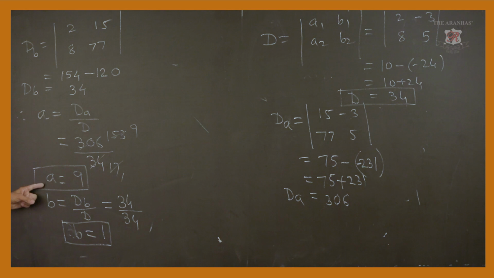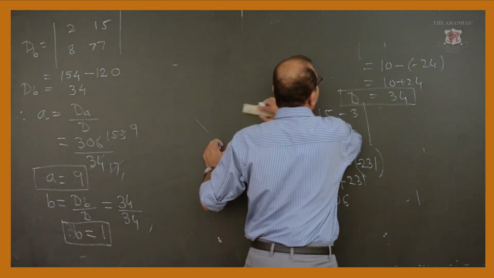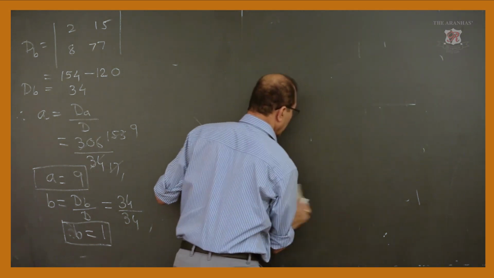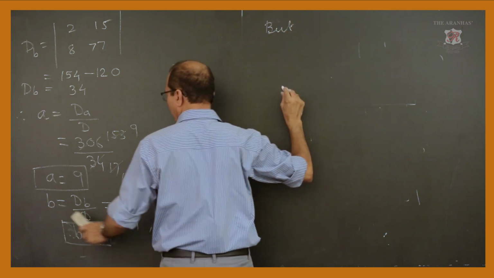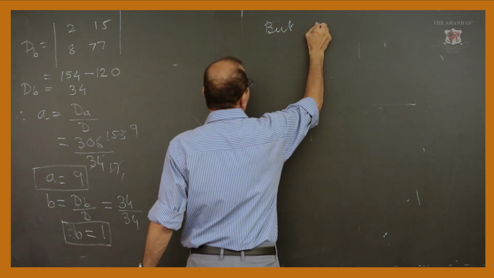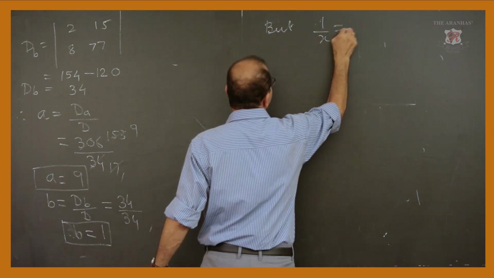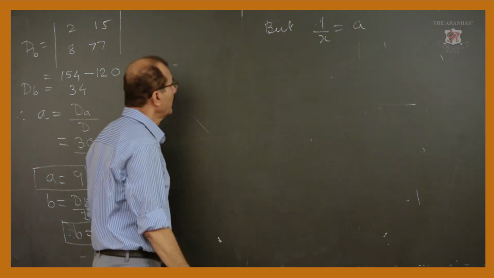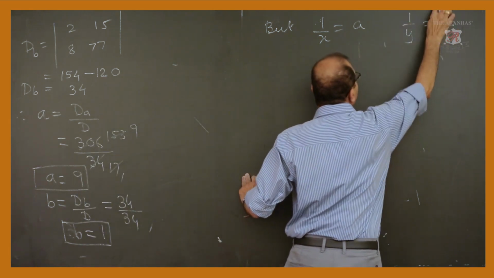So we have to resubstitute for A and B. Now my A is 1 upon x, and 1 upon y is my B.